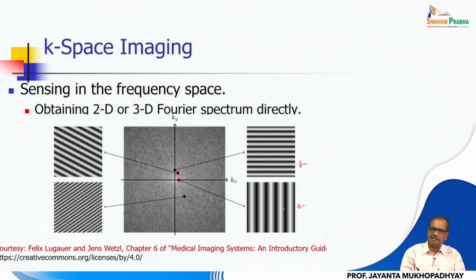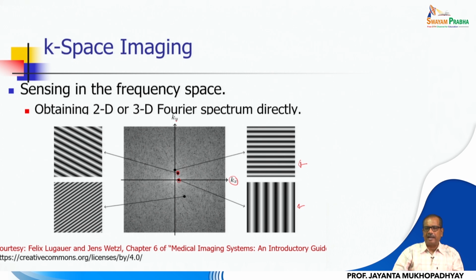First you select the cross section, and then have the two-dimensional spatial distribution of magnetic fields, and then you get the frequency components along that cross section. So Kx, Ky as a 2D cross section. For 3D, again, you can directly have that three-dimensional sinusoid and get exactly the respective frequency component.